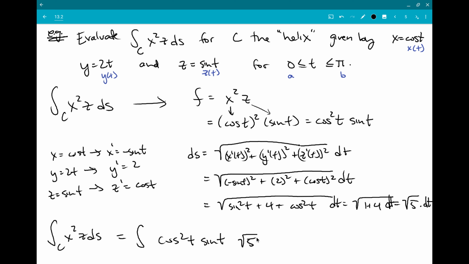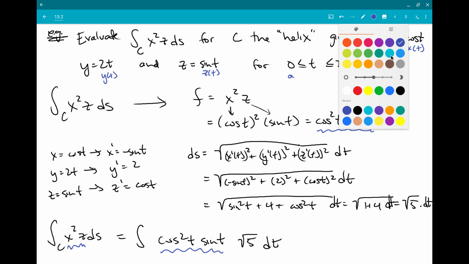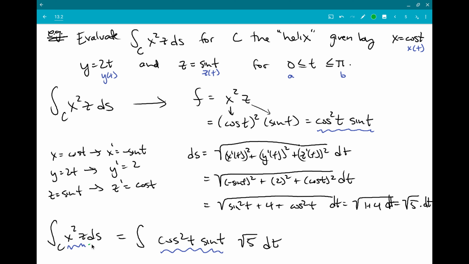My ds is root 5 dt. So I change my x squared z by plugging in x of t, z of t, so that it depends only on time. And then I converted my ds using the formula right here, which when we plugged in our derivatives and simplified, just became root 5 dt.